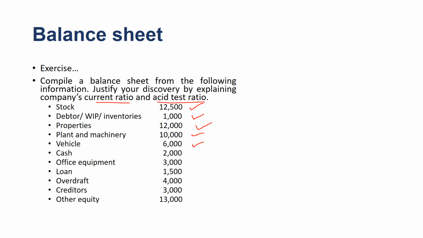We have cash in hand of 2,000. Our office equipment is valued at 3,000. We have a loan commitment of 1,500, overdraft of 4,000, creditors of 3,000, and we also have other equities accumulating to 13,000. All right, let's see how we want to solve this.